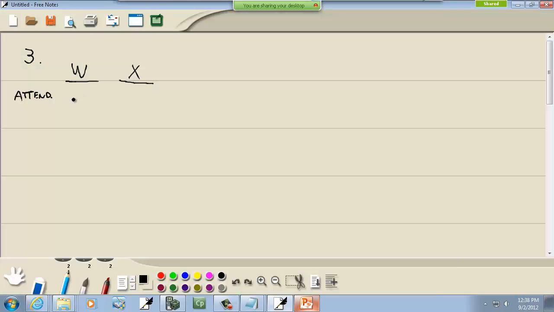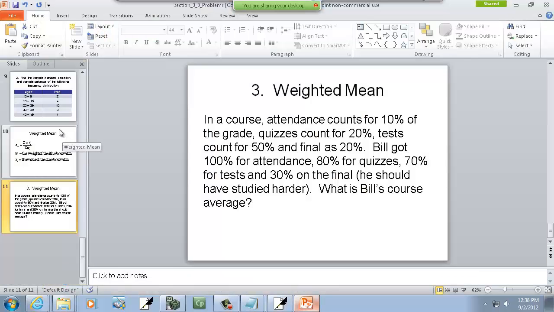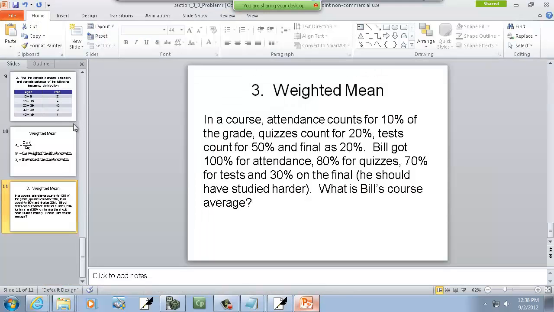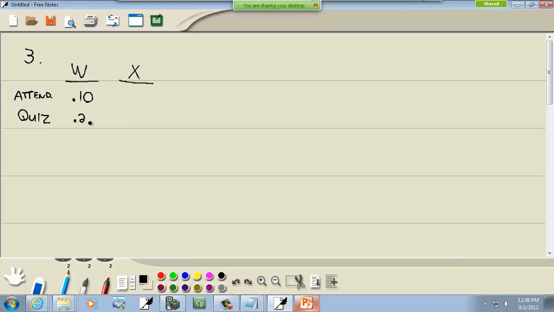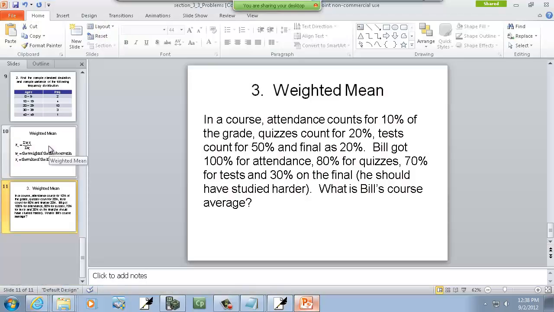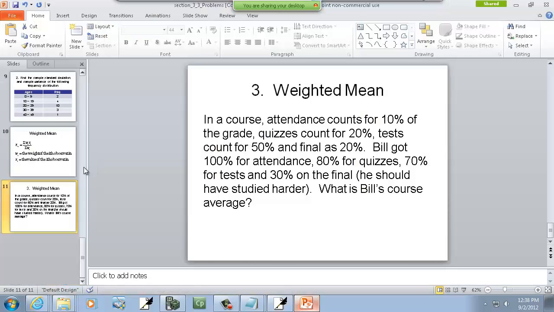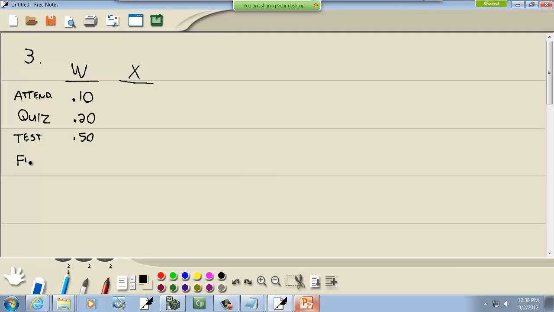So my weight there is 10%, and I'll put that in decimal form. Next one is quizzes. Count for 20%, so that's my weight. Tests count for 50, so this would be 0.50. And final is 20%, so that'd be 0.20.